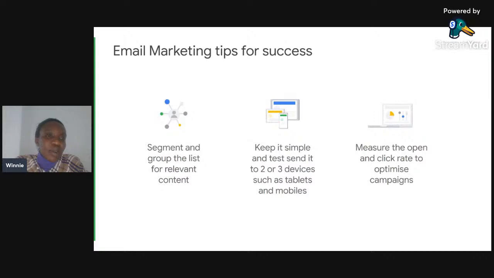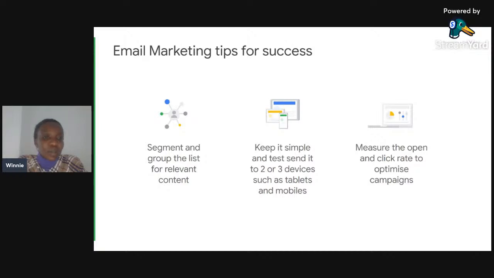One of the ways that you can have success when it comes to email marketing is to segment your group and list for relevant content. I just shared an example of real estate. We have different people who are looking for different products. So segment your groups depending on that, and then reach out to them with the relevant content.